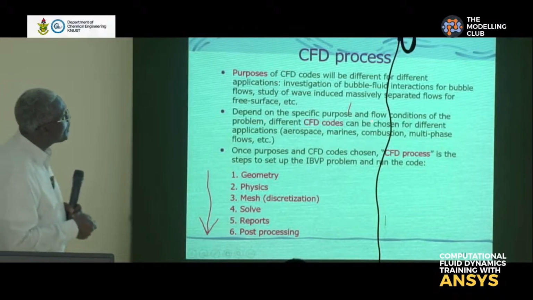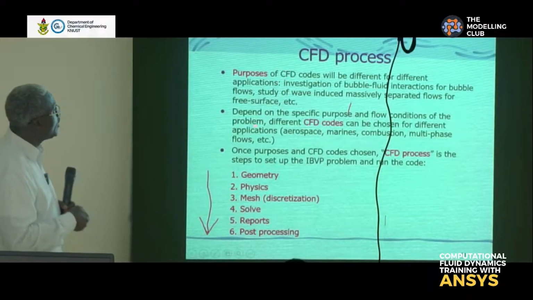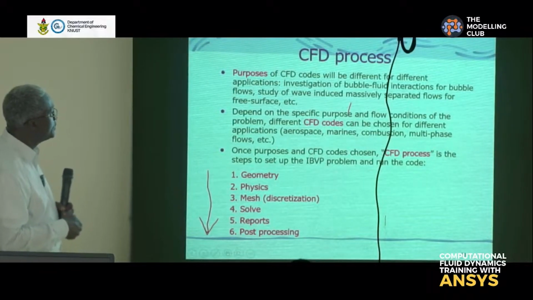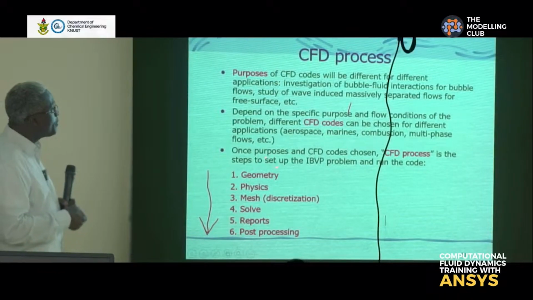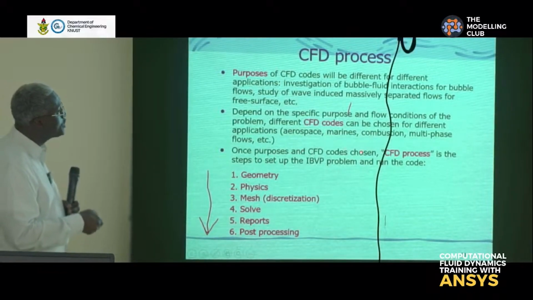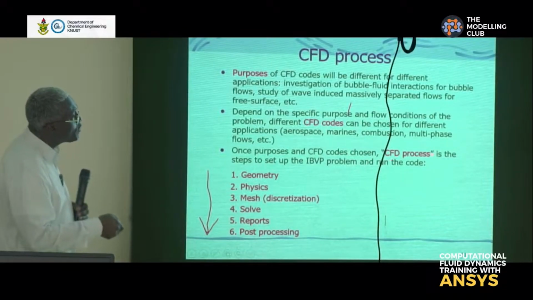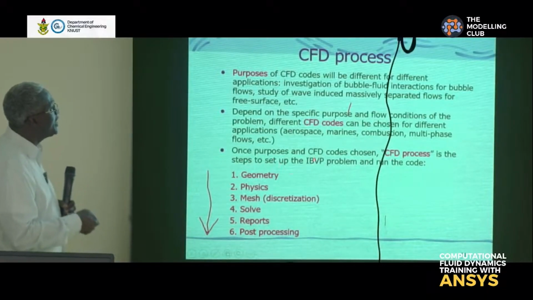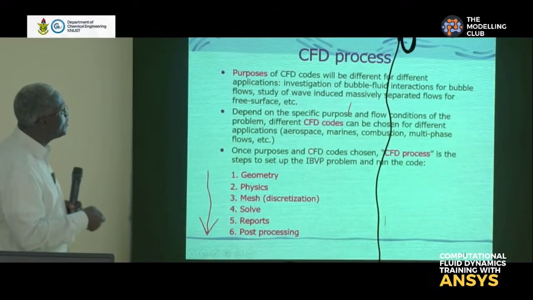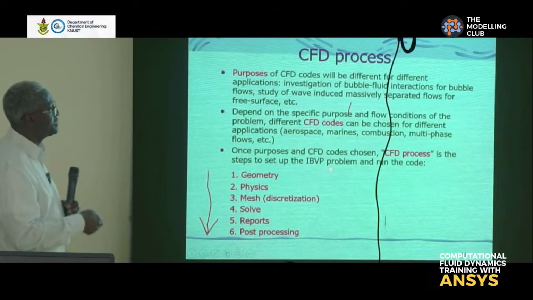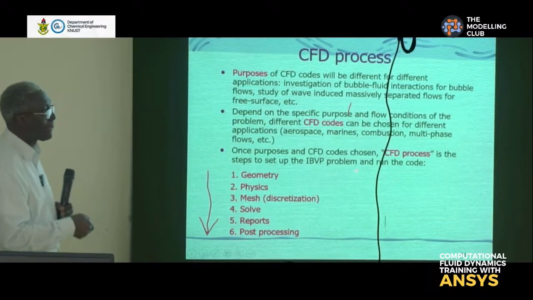Depending on the specific purpose and the flow conditions of the problem, different CFD codes can be chosen for different applications, for aerospace, marine, combustion, and multi-phase flows. Once the purposes and the CFD codes are chosen, okay? The CFD process is the step to set up the initial boundary value problem and run the code.